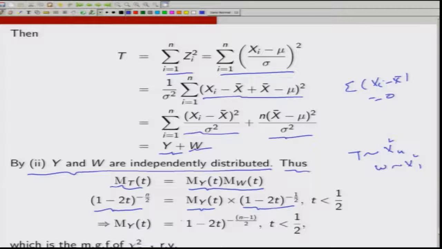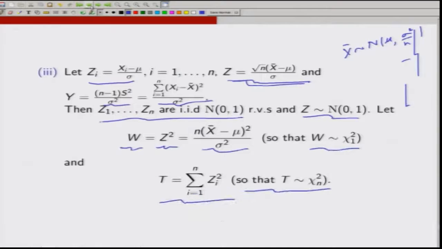So from here M_y(t) turns out to be (1 minus 2t) to the power minus (n minus 1) by 2. But this is nothing but the mgf of chi-square on n minus 1 degrees of freedom. So that means your y has chi-square on n minus 1 degrees of freedom, which is nothing but (n minus 1) s square by sigma square.